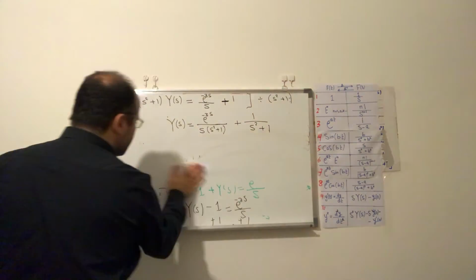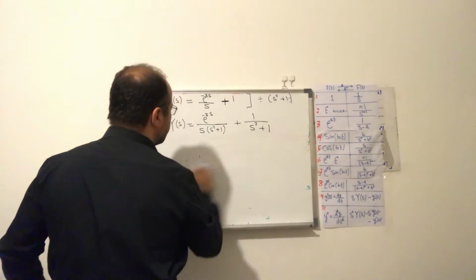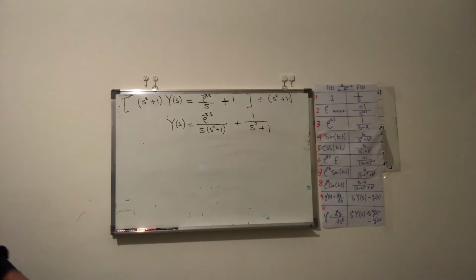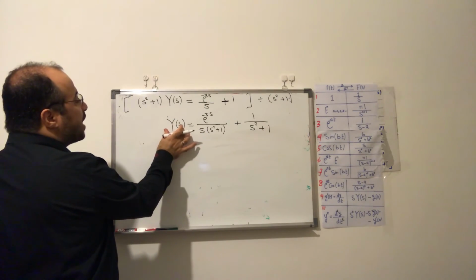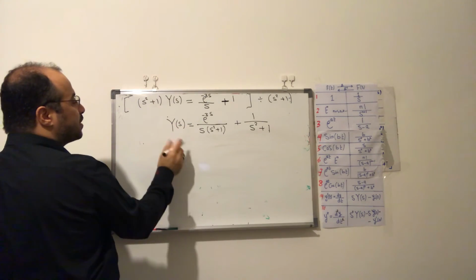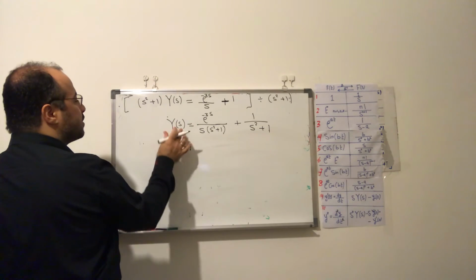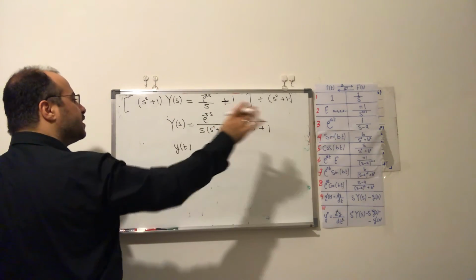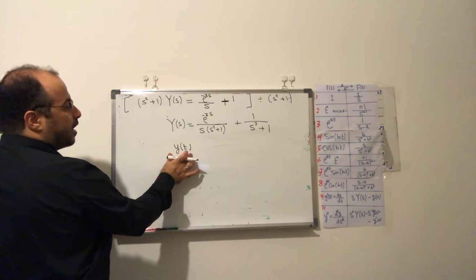So we are almost there. Let me just show you what is going on here. Now you already found the Laplace transform for your solution, but you are looking for y of t, y small of t. So this is your solution, but in the frequency domain. You need your solution in the time domain.